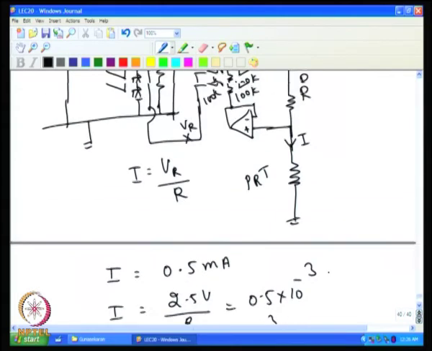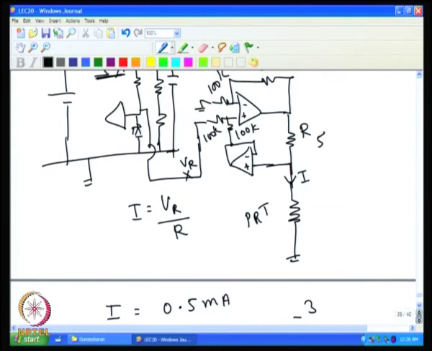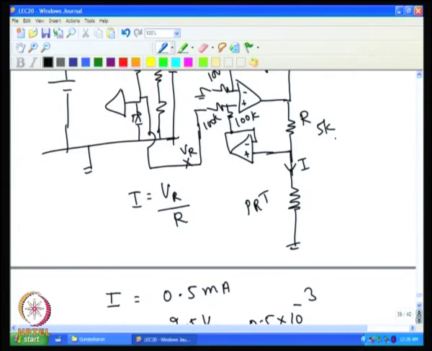So, we need R as 5K here. So, a 5K resistance will make sure that the current flowing through this is only 0.5 milliampere.